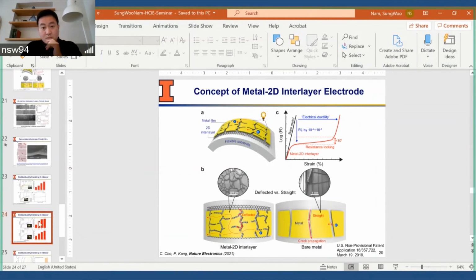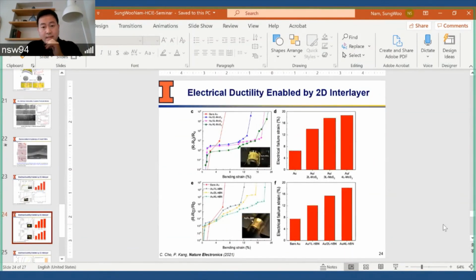But just to respond to that point, we ran the same experiment, except instead of graphene, we put molybdenum disulfide in this example, which is a semiconductor, and the resistance level of MoS2 is much lower than gold. You can also do hexagonal boron nitride, which is a complete insulator with a 6 electron volt bandgap. And we still see similar fracture surfaces, these irregular surfaces, and also the resistance behavior that I described.